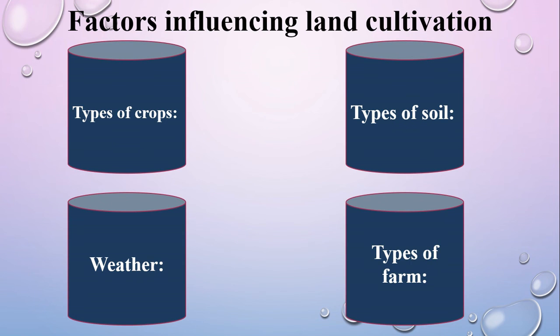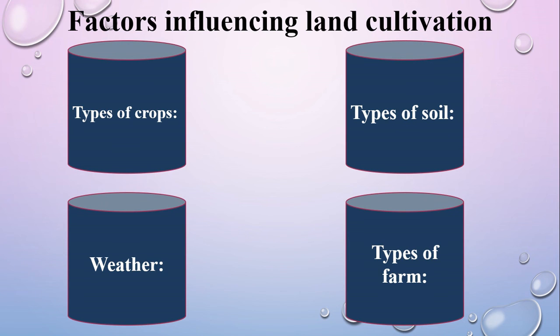Next point is types of farm. What type of farm will you do? Intensive crops are cultivated by the homestead. In intensive crop cultivation, just after harvesting one crop, another crop is consequently cultivated. At that time, plowing is not necessary as the soil remains loose naturally, but occasionally crop cultivation requires deep plowing.